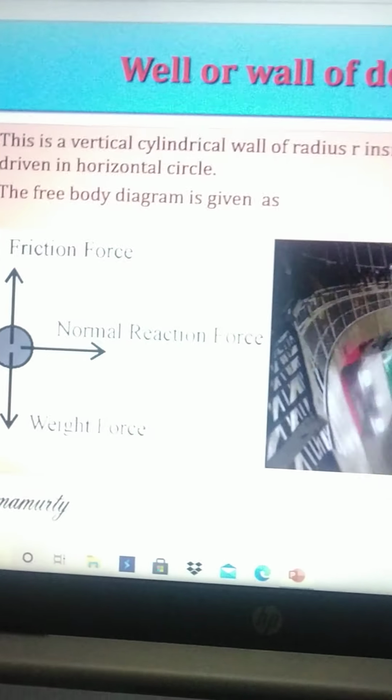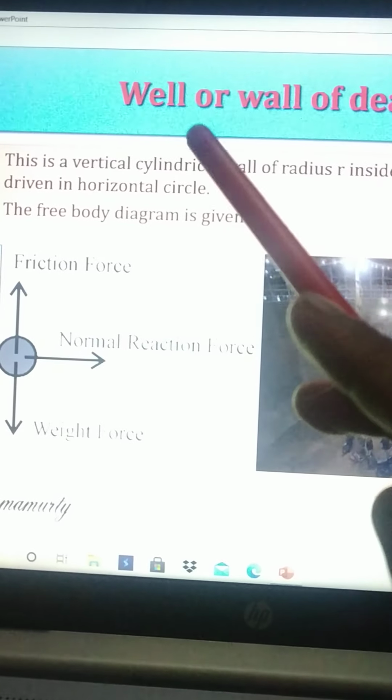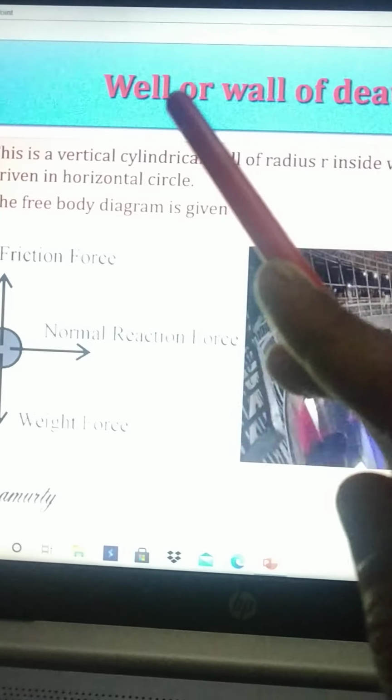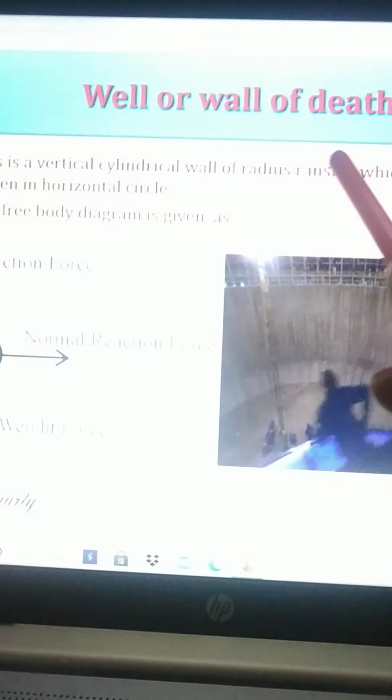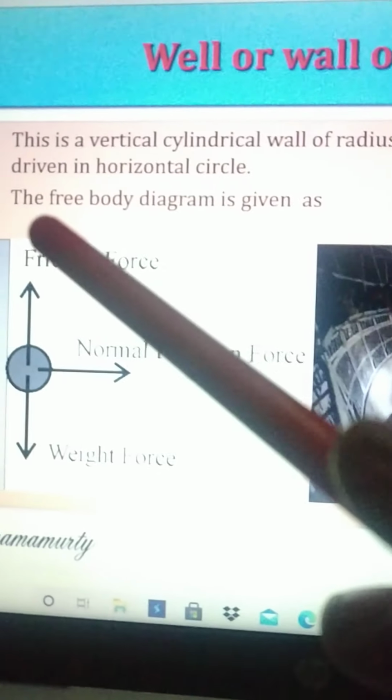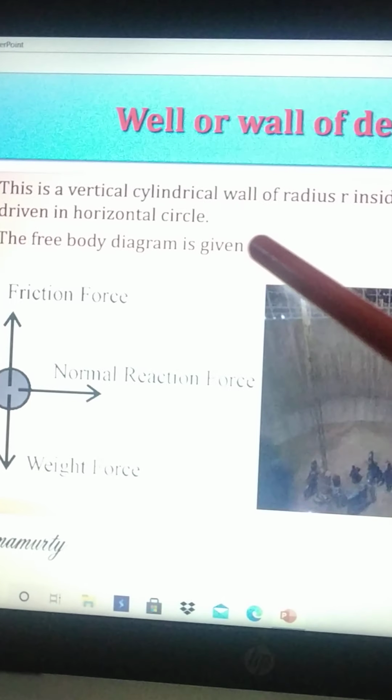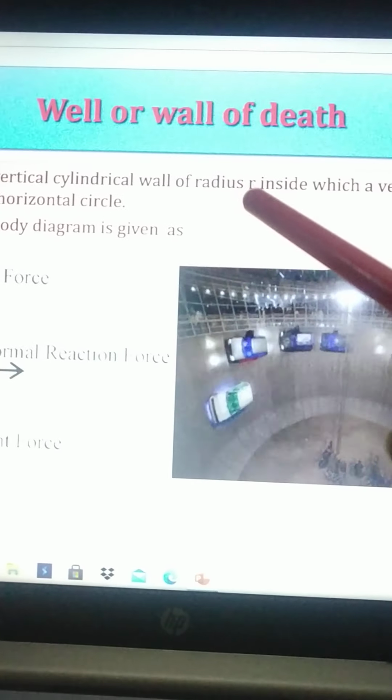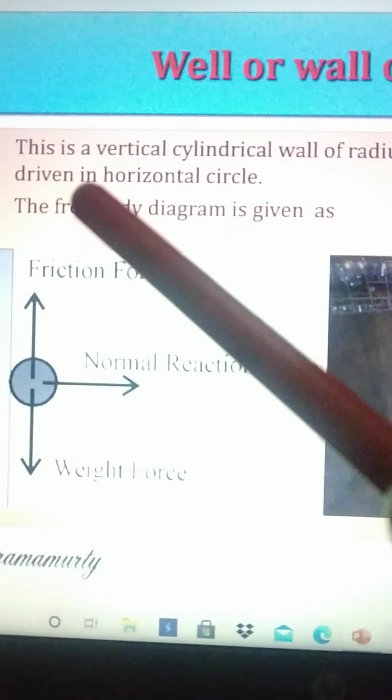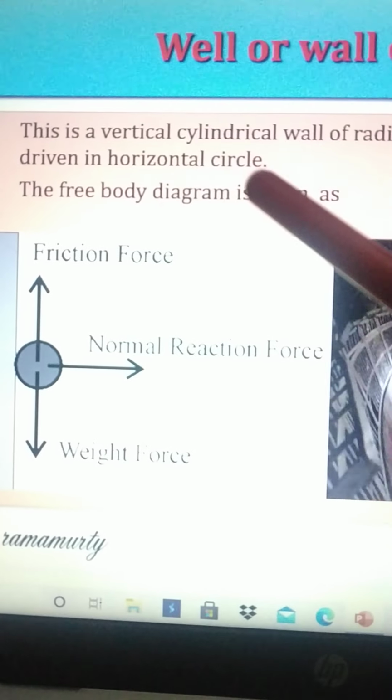Now the second application of uniform circular motion is the wheel or wall of death. We know the wall of death we see in a fair, correct? This is a vertical cylindrical wall of radius r, inside which a vehicle is driven in a horizontal circle.